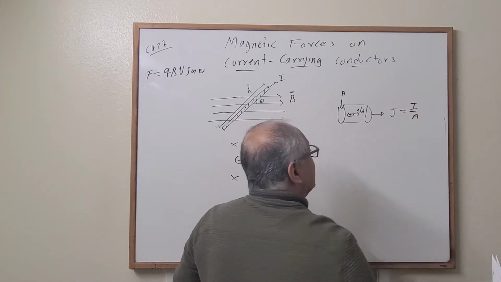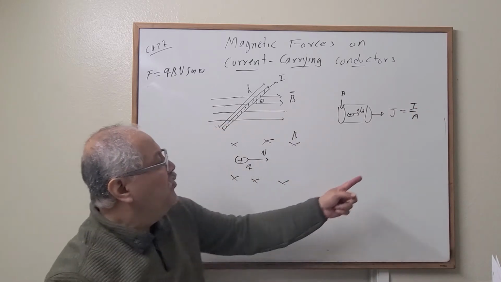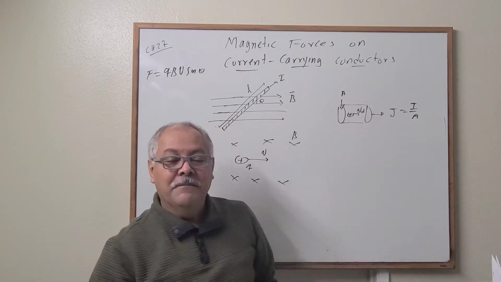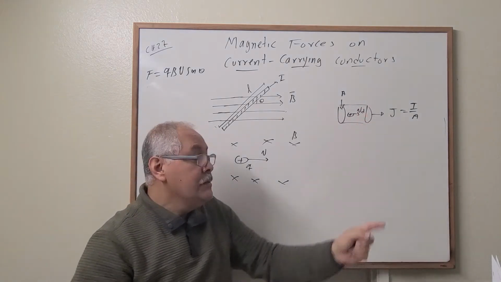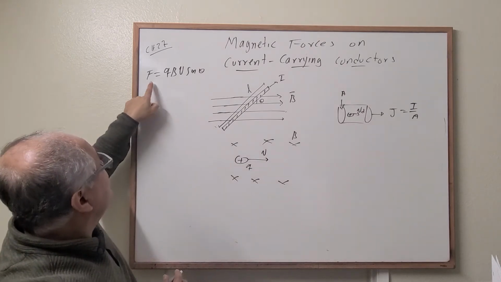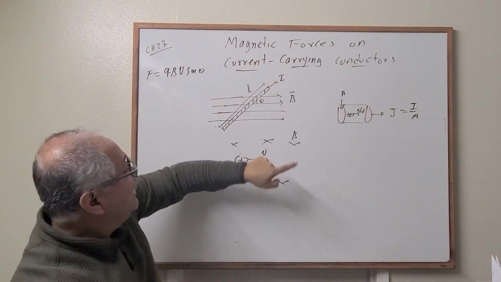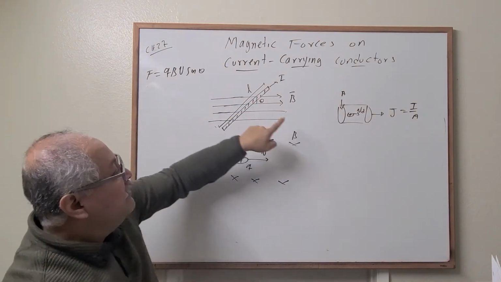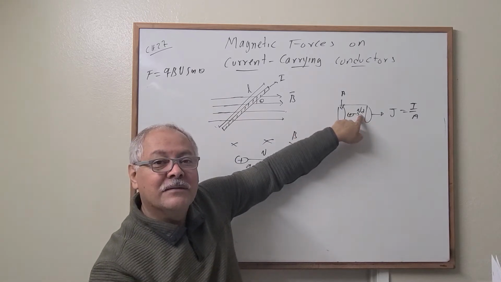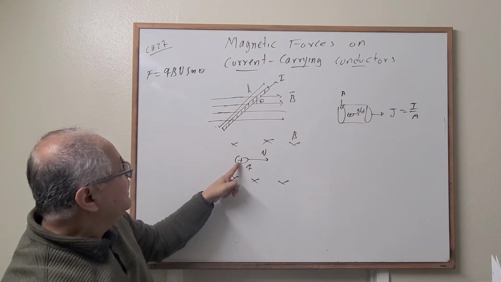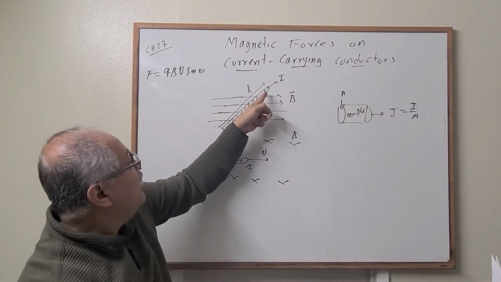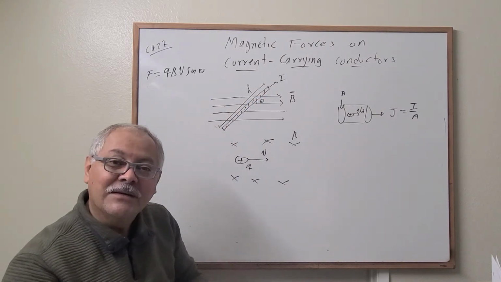Current density involves the current and the area. Also we have the drift velocity. Now in this case, when we're dealing with a conductor, this velocity is going to be the drift velocity right here, and the charge is going to be the sum of the charges in the conductor.